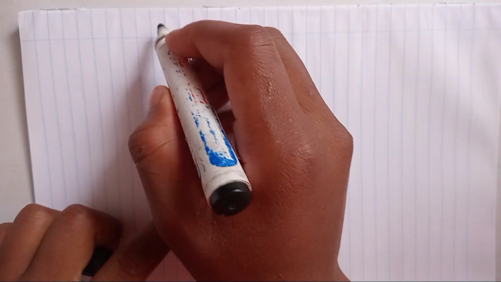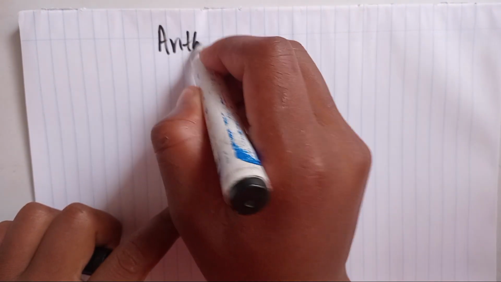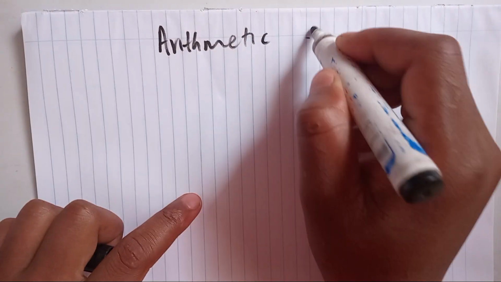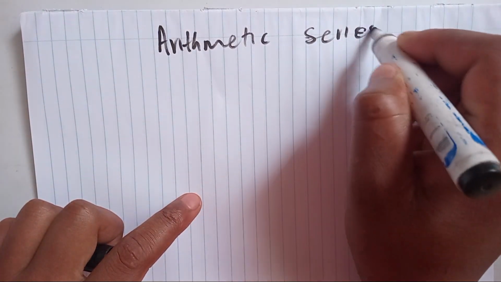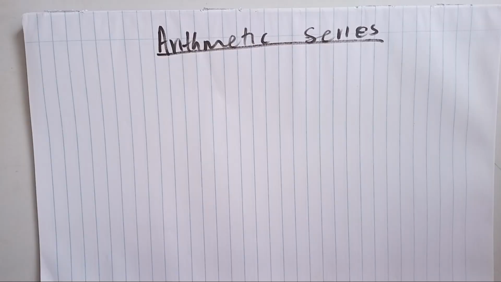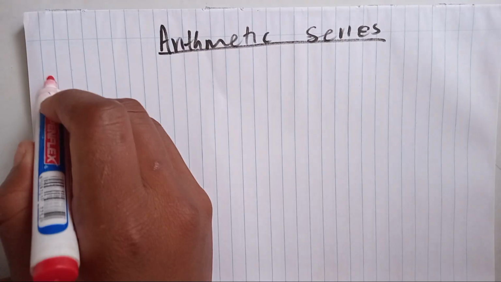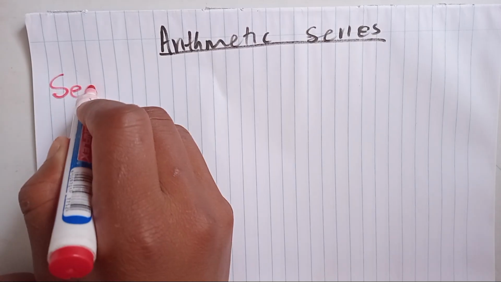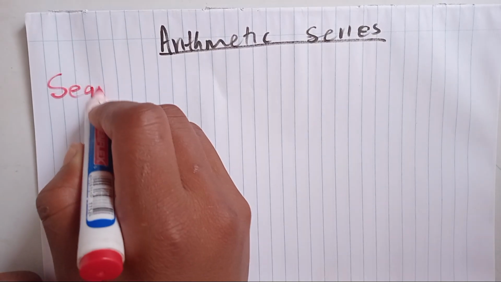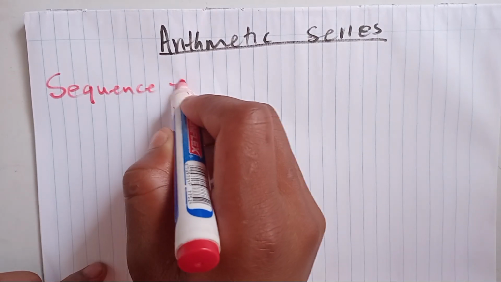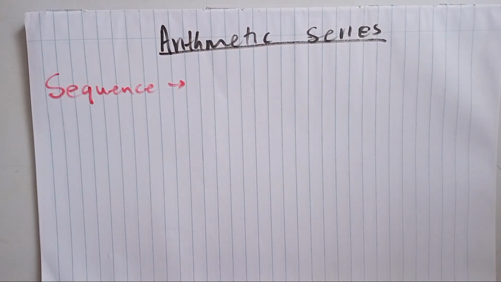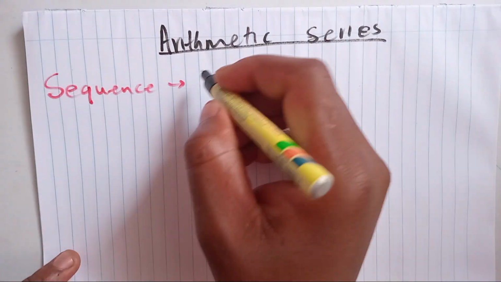Today we'll be focusing on arithmetic series. You have to understand, guys, there is a difference between a series and a sequence. They differ not too much, but just a little.